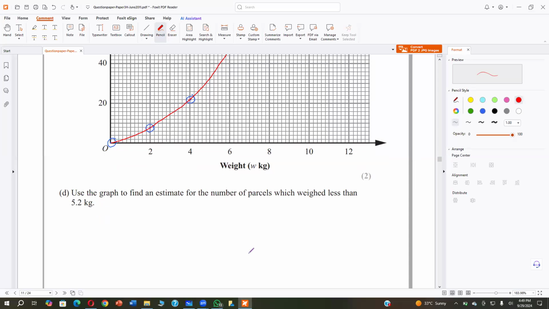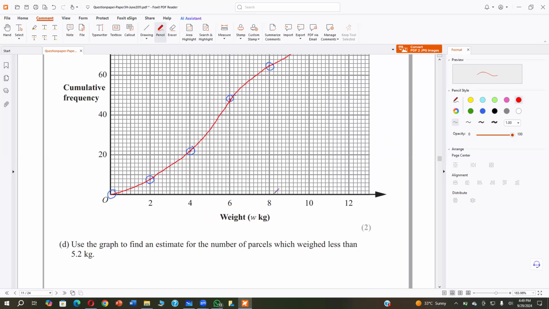Use the graph to find an estimate for the number of parcels which weigh less than 5.2. So less than 5.2.